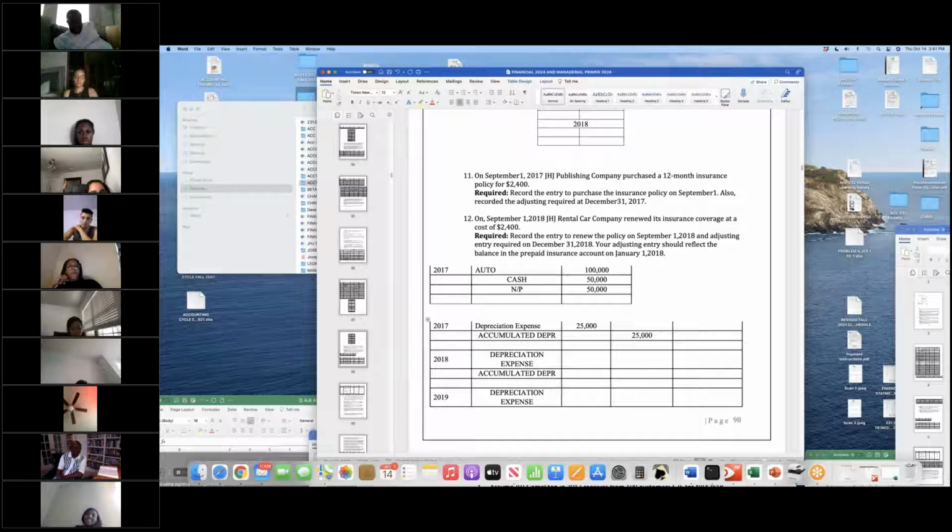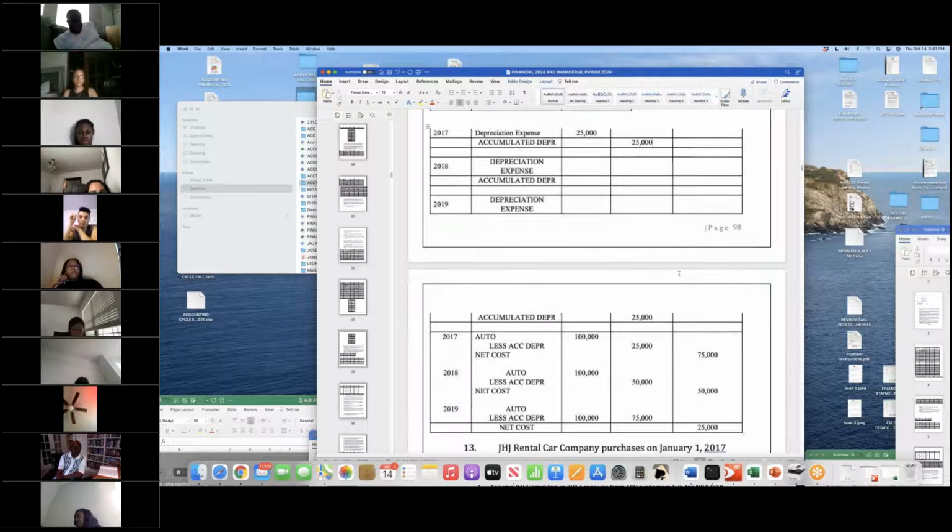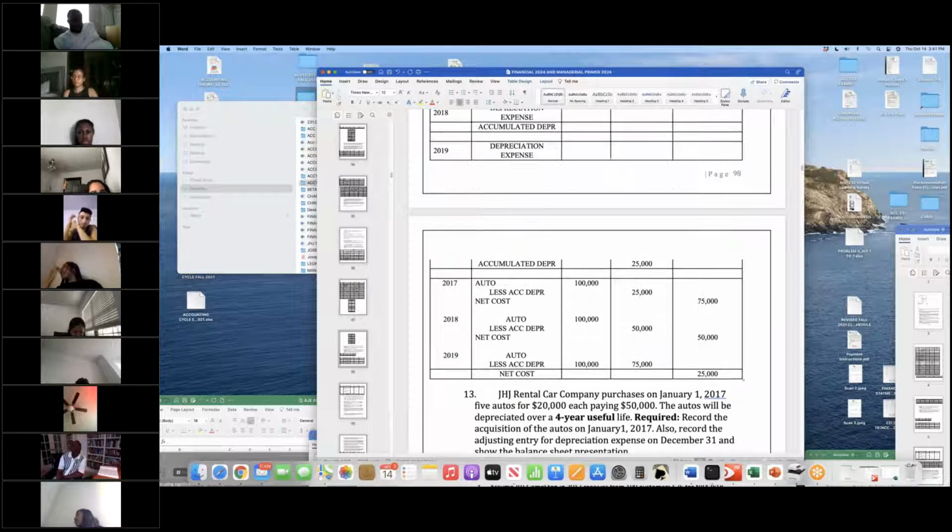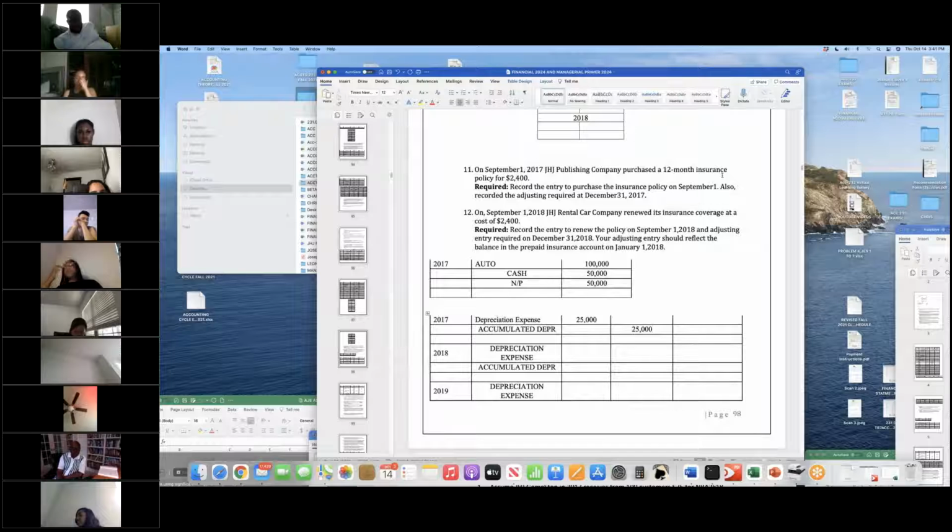Why did you divide by 4? Because the life was 4 years. So we're saying that 1/4 of the asset disappears each year.